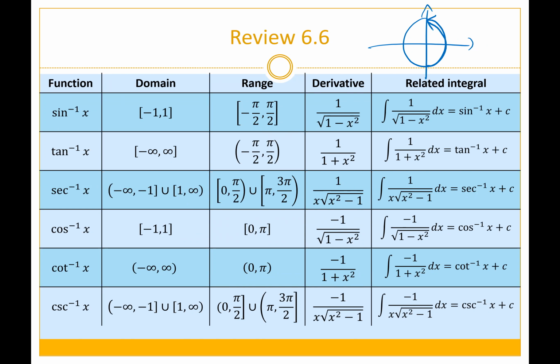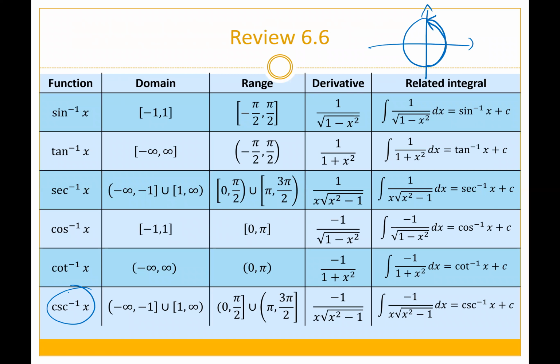And the derivative of that function is also there, and then we have related integrals. It's a nice summary. It's a lot of information in this table, but if you already watched the lectures, you should be able to manipulate this table pretty easily. Some of the very rare ones that I hardly ever see, but you should still know, is cosecant.